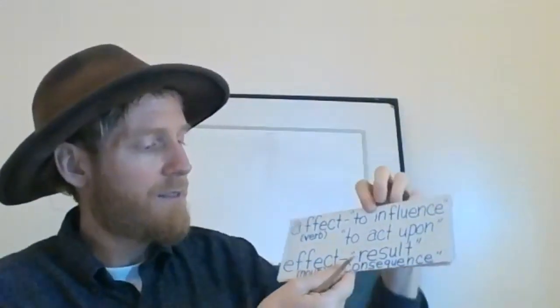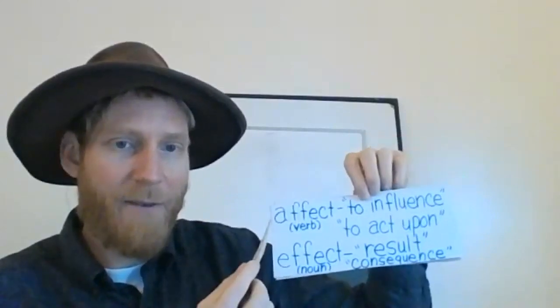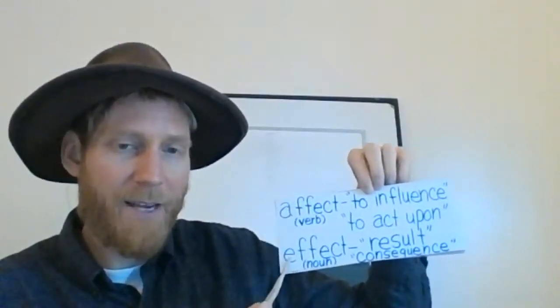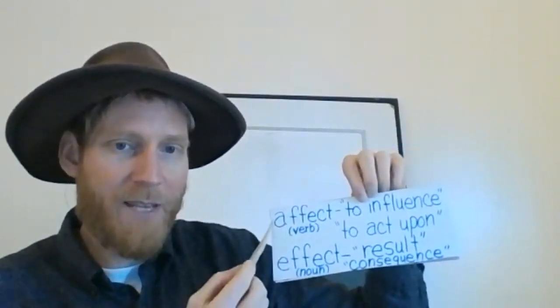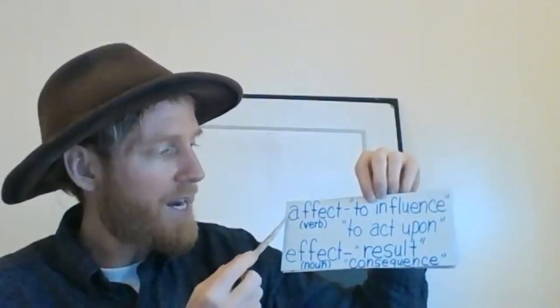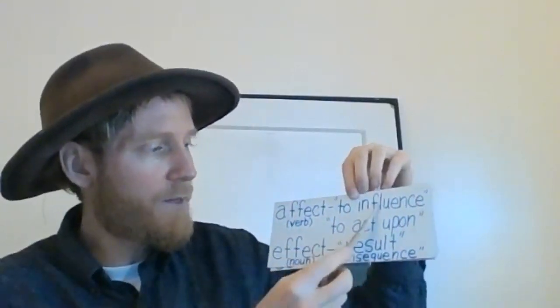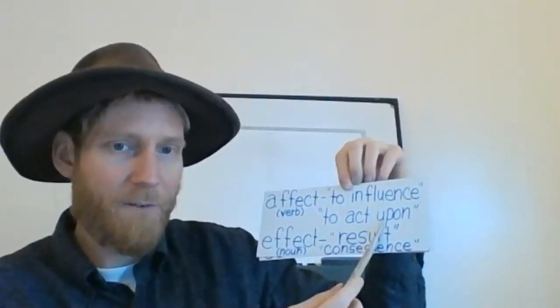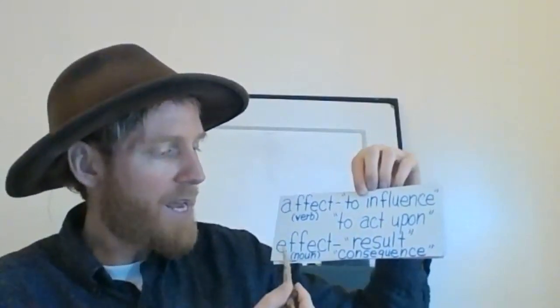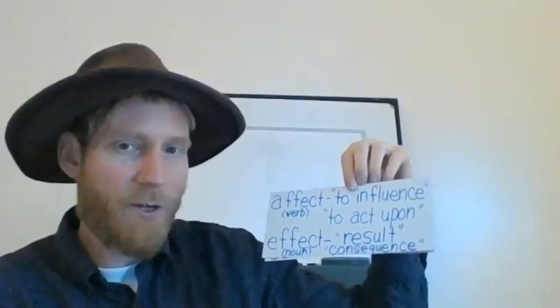Affect, effect. One's with an A, one's with an E. The one with an A, affect, is a verb meaning to influence, to act upon. But effect is a noun, a result or consequence.